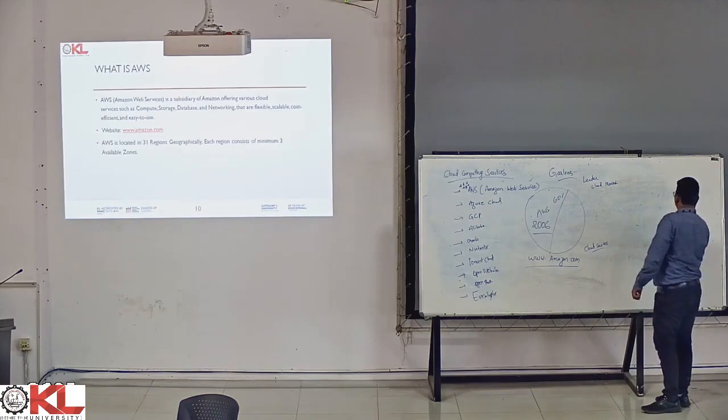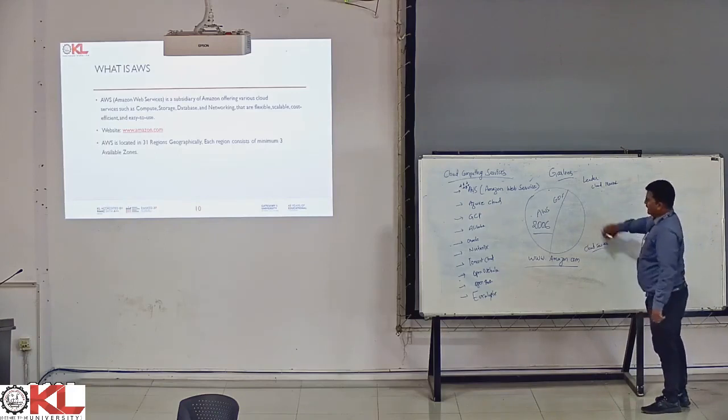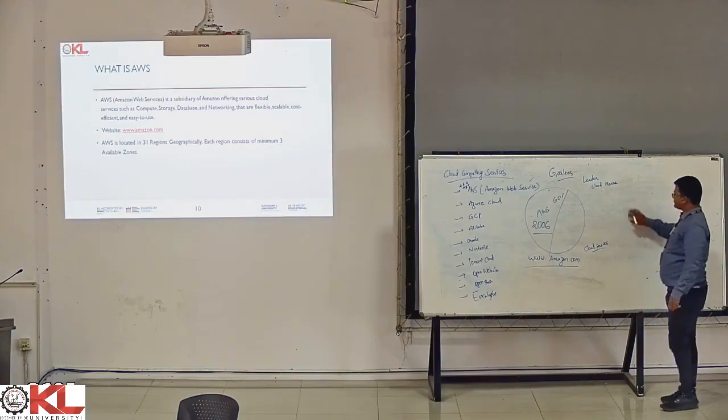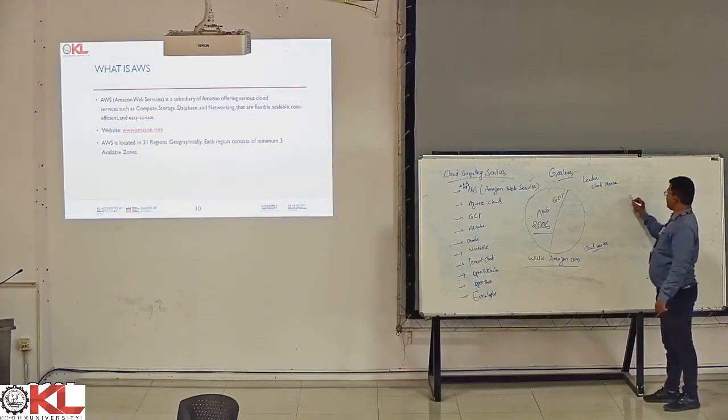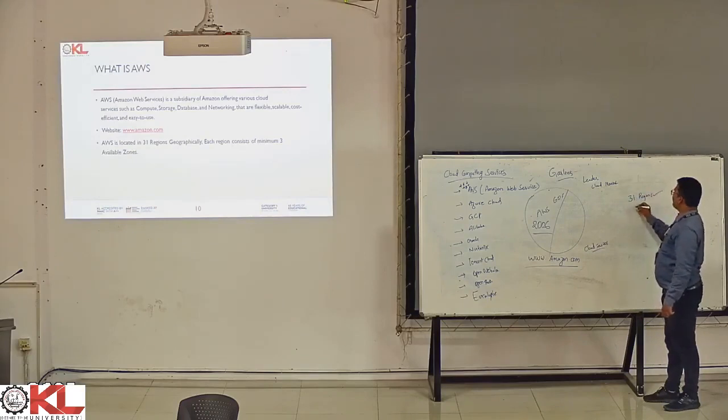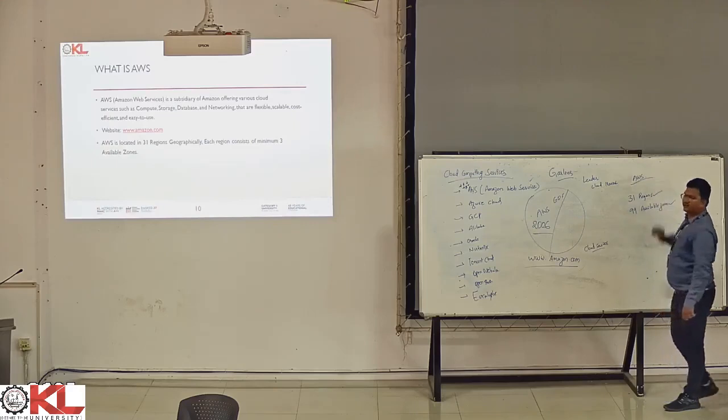As of today, I am telling you, there are 31 regions offered by AWS. There are 99 availability zones offered by AWS.